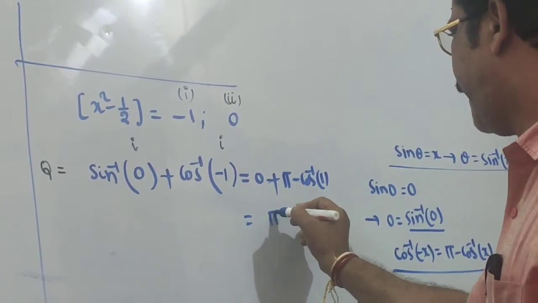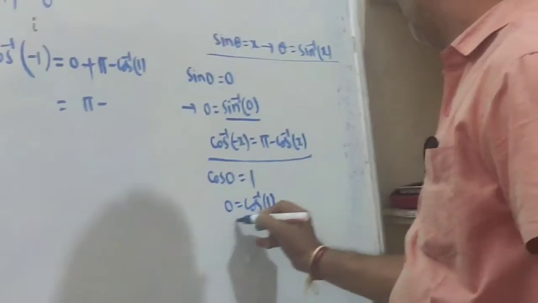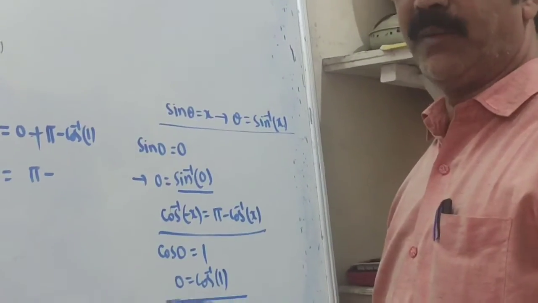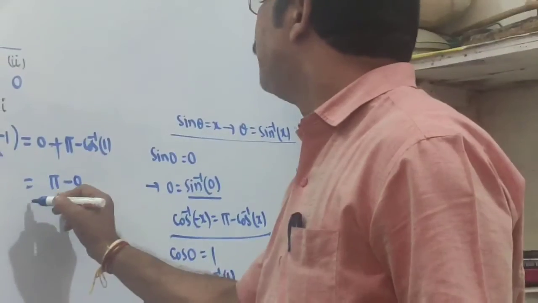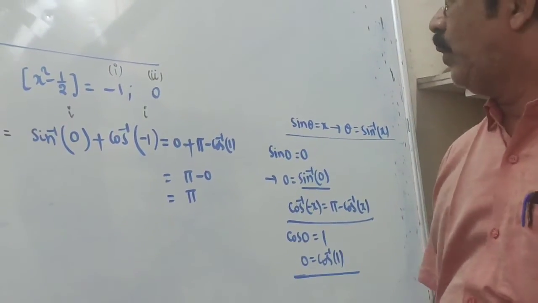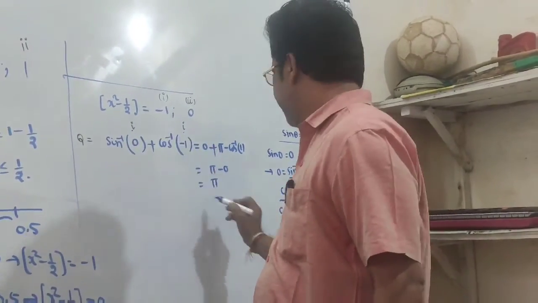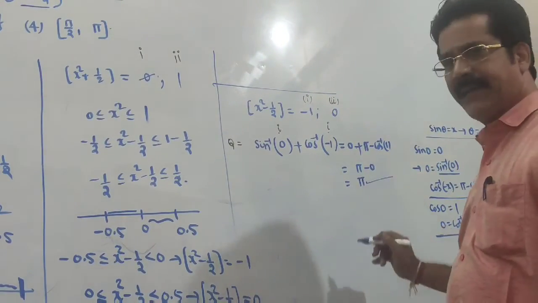What is cos 0 degrees? It equals 1, so cos inverse of 1 is 0. These are the basic points in inverse trigonometric functions. Thus pi minus 0 is equal to pi. So for the first case, the output is pi.